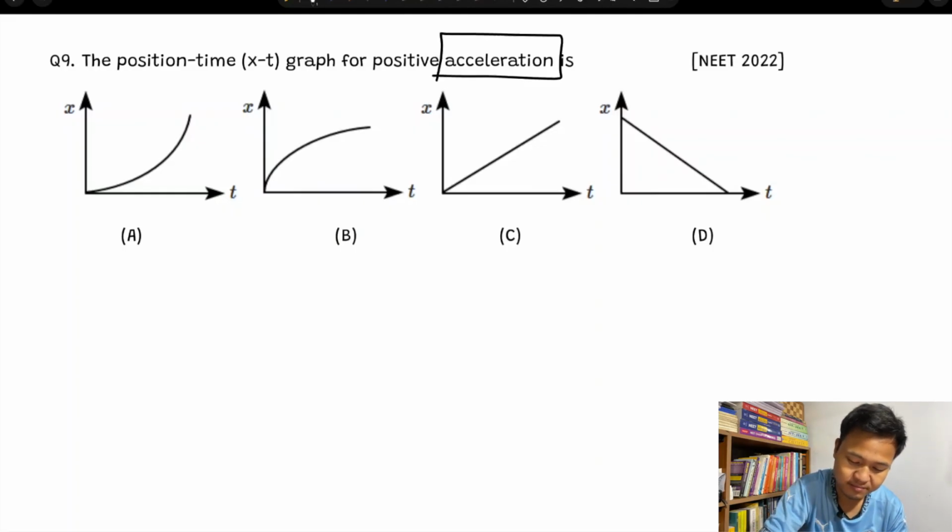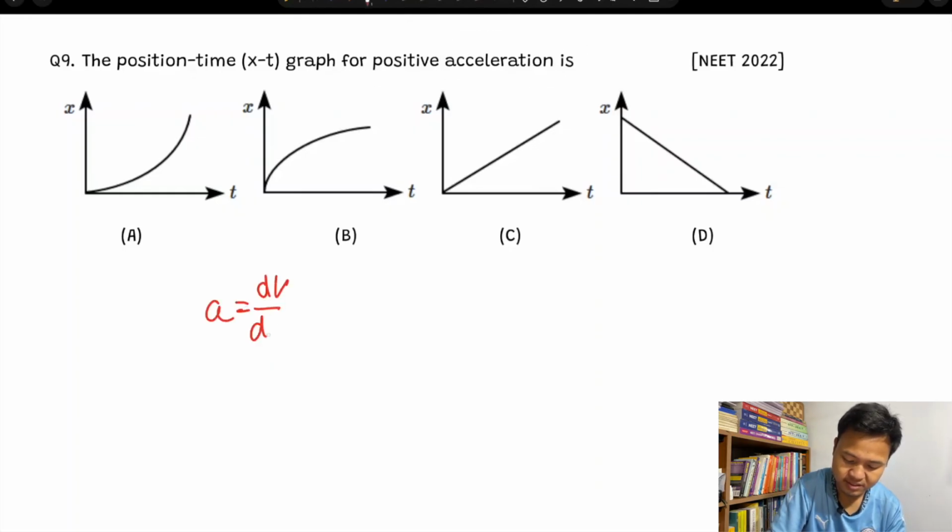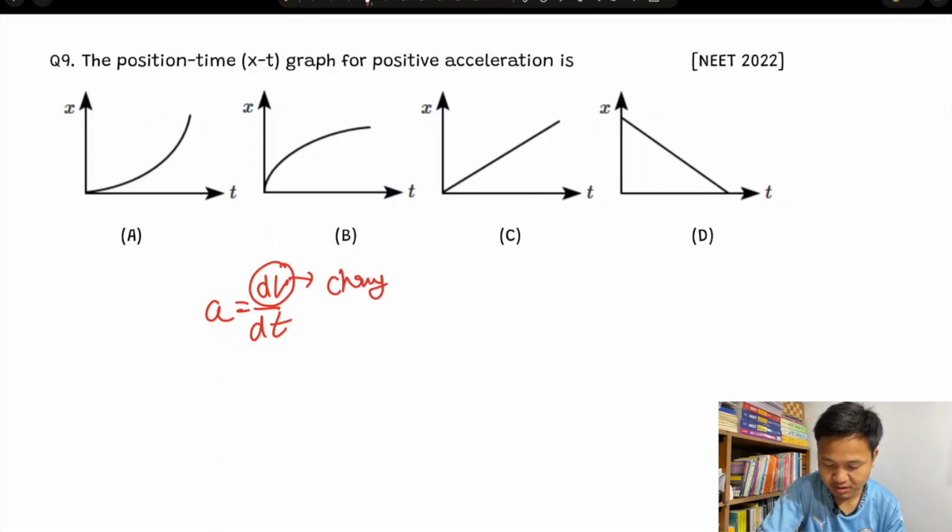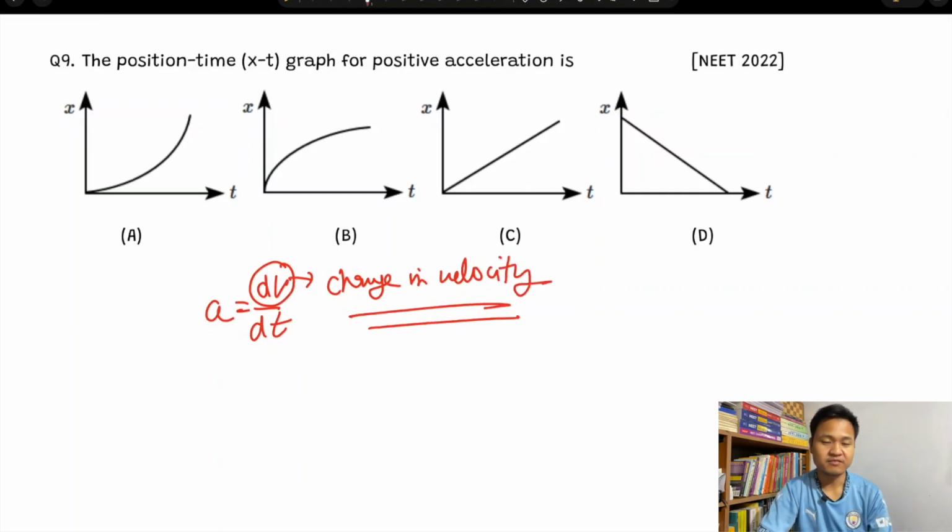Acceleration is nothing but dv by dt, which is nothing but change in velocity. If velocity changes, that is because of acceleration.